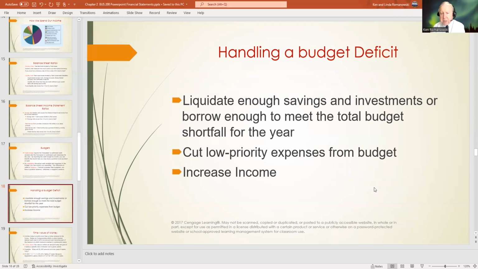So what you'll need to do is, if this is something that's happening continually, then you've got to now look at your previous income statement or your budgeted income statement and look at your low priority expenses. What are those things that you're spending on that are not really necessary for you? Or any number that you can reduce to help to get you back in line.